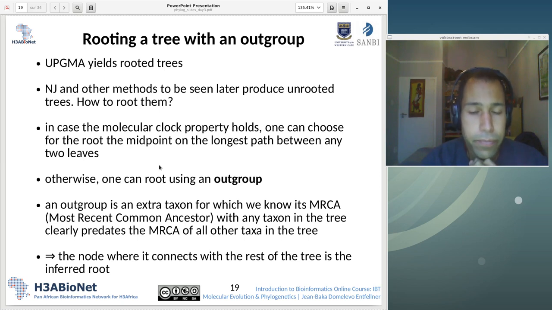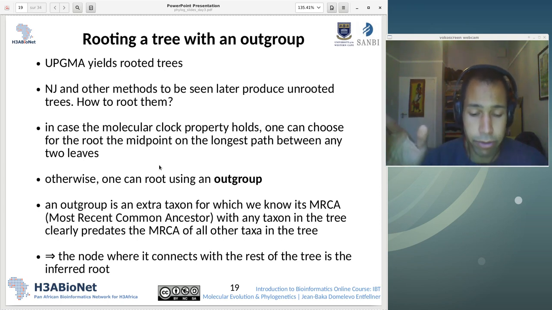When you have an unrooted tree, you cannot talk about the height of the tree because you don't know where the root is, but you can always talk about the diameter of a tree, and by definition, the diameter is the longest path. Take the two leaves that are the furthest from each other, and with their distance, you have the diameter of the tree.